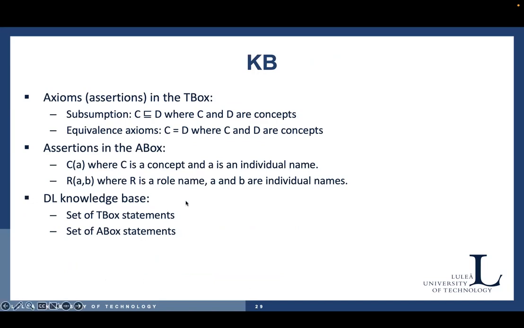So we have axioms that come in two forms: subsumption or equivalence, and assertion. Basically, for the individuals, we now create a formal description. So A is an individual of concept C. R is a relation between individuals A and B, so R is a role or relation.